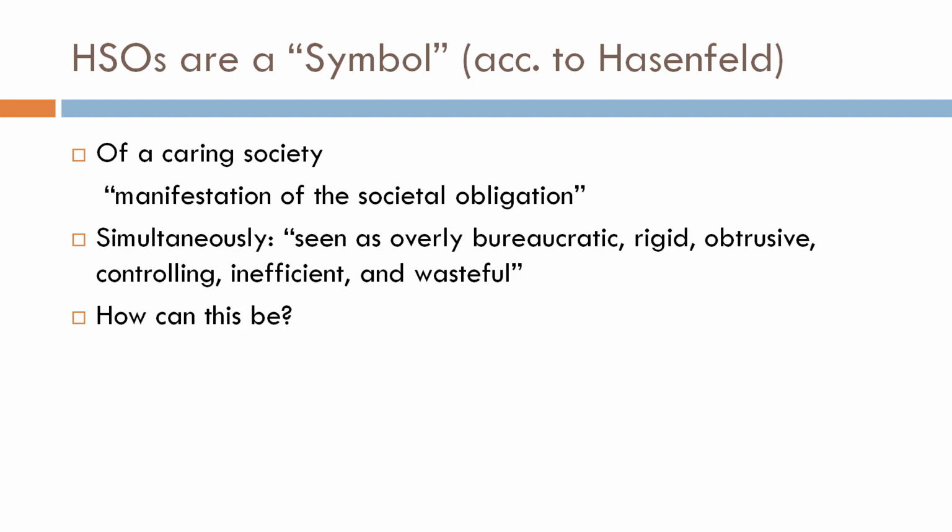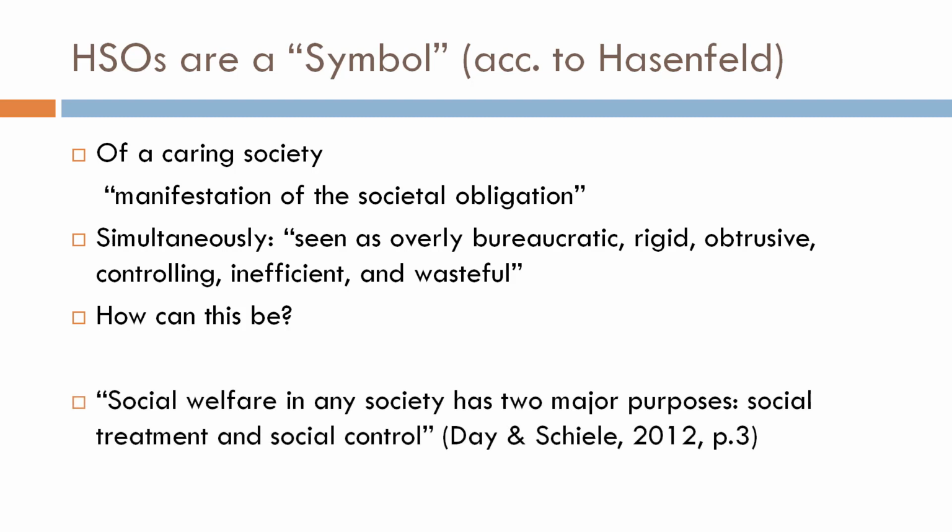Well, this harkens back actually to the history class that we had, where we went over this concept of how social welfare in any society has two major purposes. Social treatment, in other words, helping people, but also social control, controlling behavior. So we simultaneously want to help, but under specific conditions and only if people do what we tell them to do. So I hope all of that is coming back because we're building on what we learned in that class.